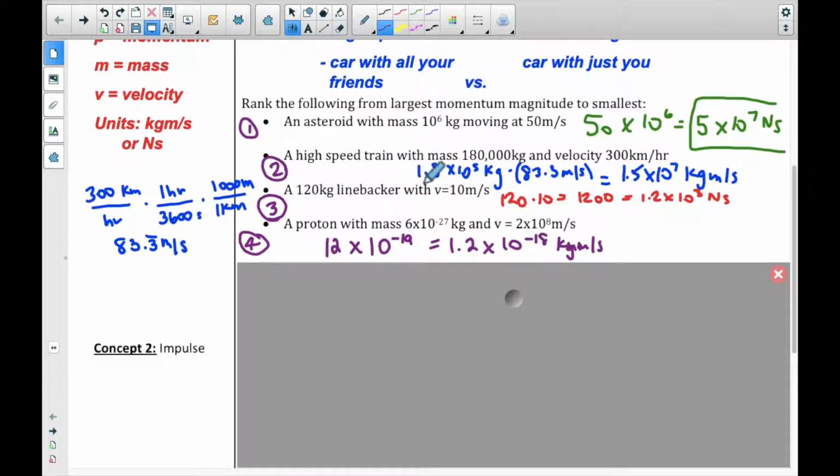And so each of these has a certain amount of momentum based upon how much mass there is and how much speed there is. For instance, if you look at the speed of the proton, it's got a very large speed. However, its mass is so small. So you have to consider both, the mass and the speed.